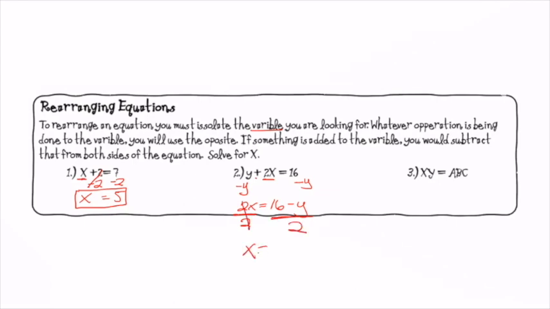So we have x equals 16 minus y divided by 2. Okay, in this one we're trying to get, again, x by itself. So we have multiplication, so we need to divide by y on each side. So x equals a b c divided by y.